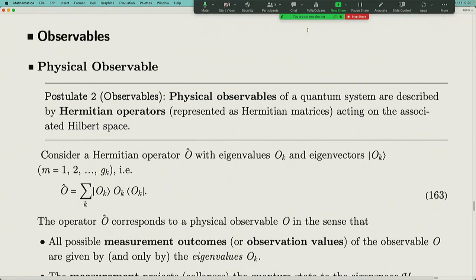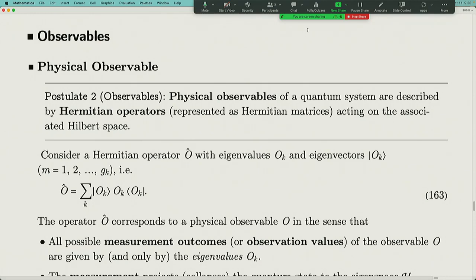Any physical observable, that becomes the very important postulate number 2. Recall that postulate number 1 is about states. It says that the state of a quantum system is described by a ket vector, right? So postulate number 2 is describing observables. The vectors describe the state, and what describes observables? We want to make observations of the quantum system, right?